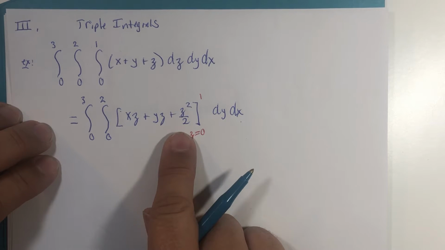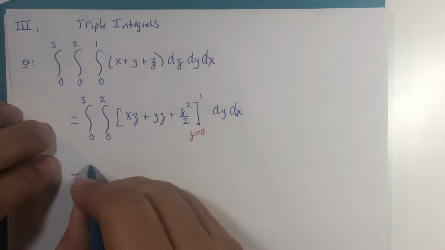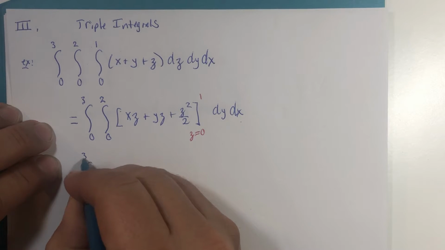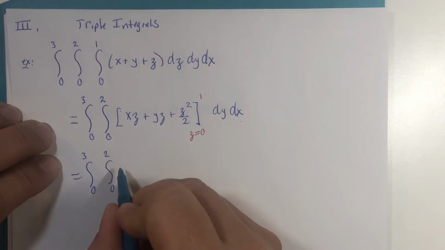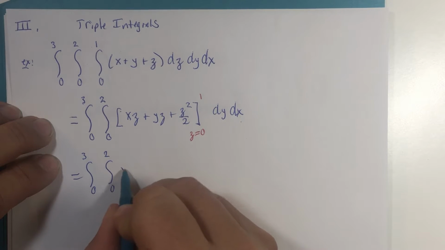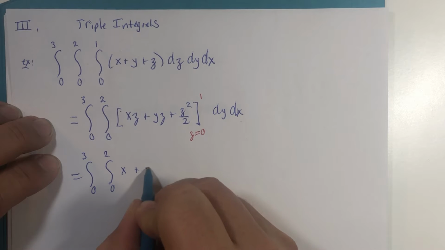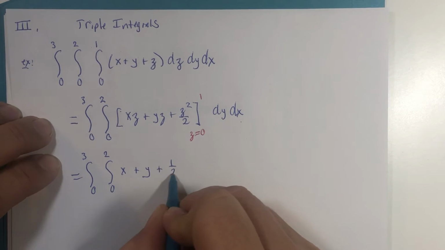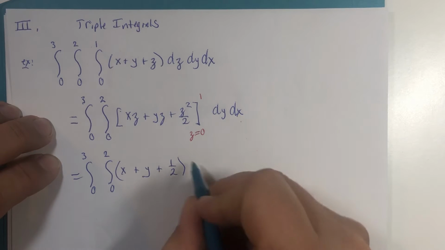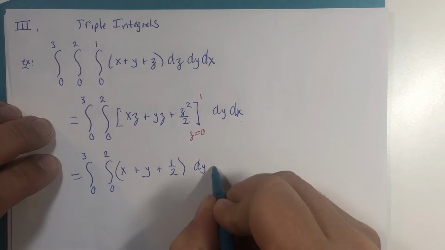If z is 1, we would get integral from 0 to 3, 0 to 2, 1x plus 1y plus 1 squared over 2, which is 1/2, dy dx.